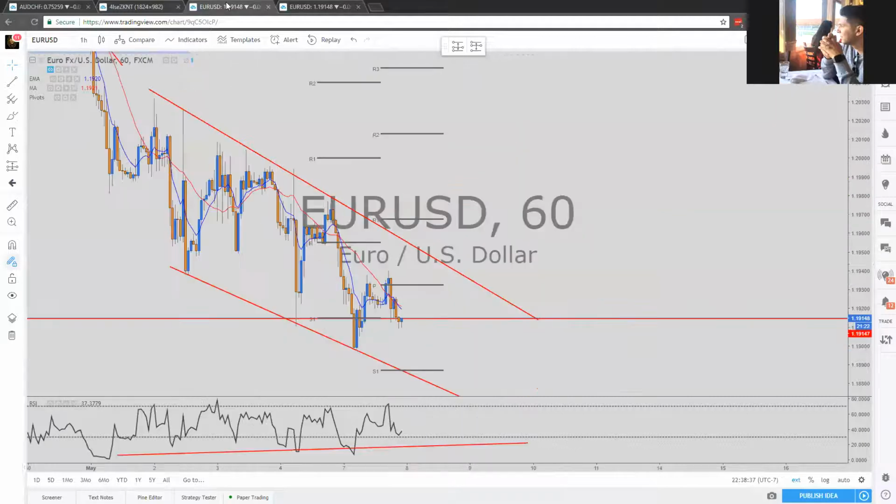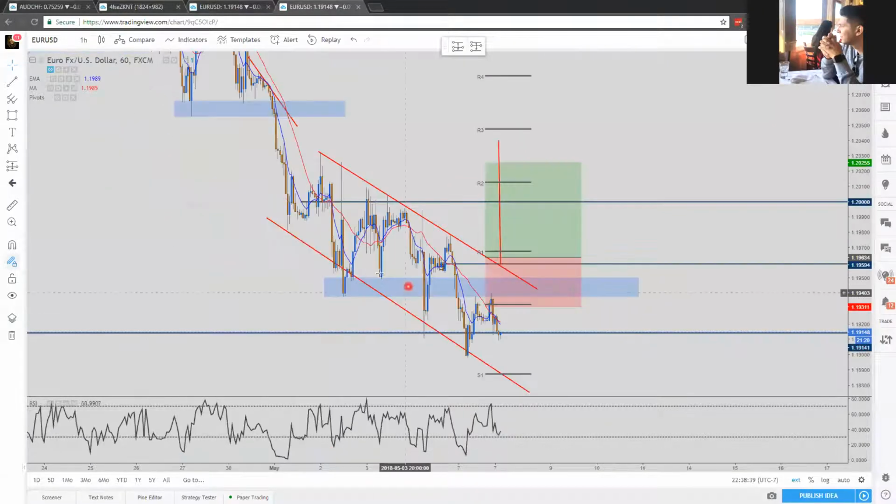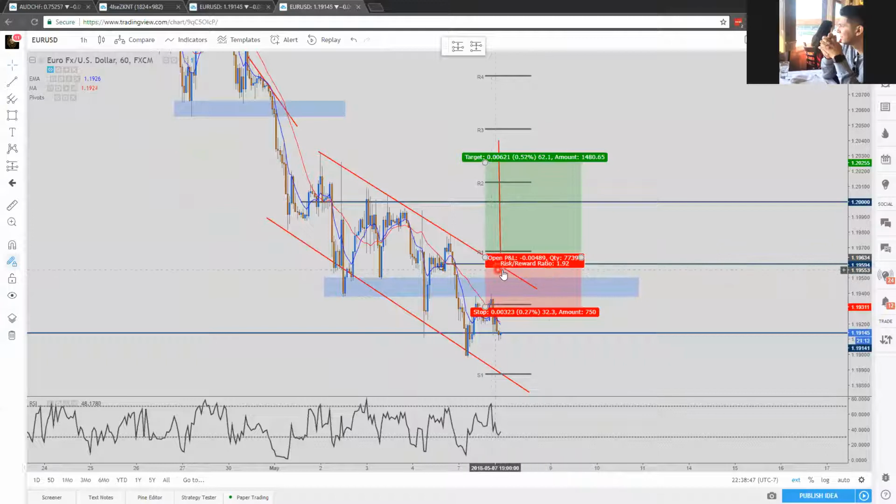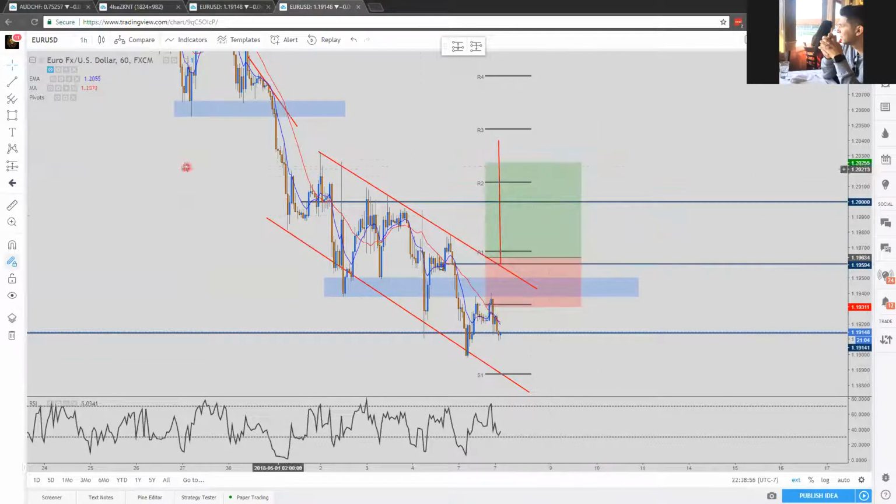It's basically the same thing that I drew here. It's a downward, descending channel. And we can see the buy stop is around where the break of resistance is. Once it breaks the resistance, it should be rising up, and I think it's going to be rising up to this level.